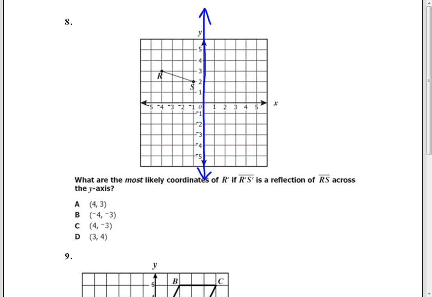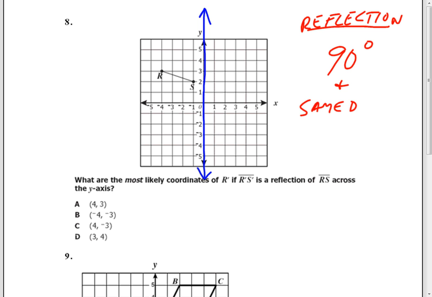For a reflection, you want things to be at a 90-degree angle. Write down reflection, write down 90 degrees, and same distance from reflecting line. What do I mean by that?